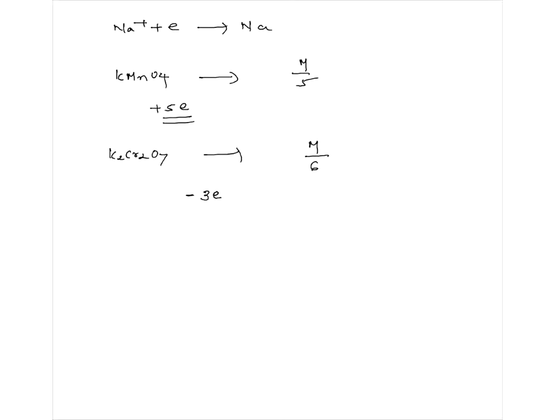If nobody is taking your electrons away, or if nobody is giving you electrons, you are anyway going to be at 0 state. The problem is when somebody starts pulling your electrons away from you, or starts pushing electrons towards you. So manganese surrounded by 4 oxygens, surrounded by 2 oxygens, it's a different ball game. Alone, manganese will have 0 apparent charge.